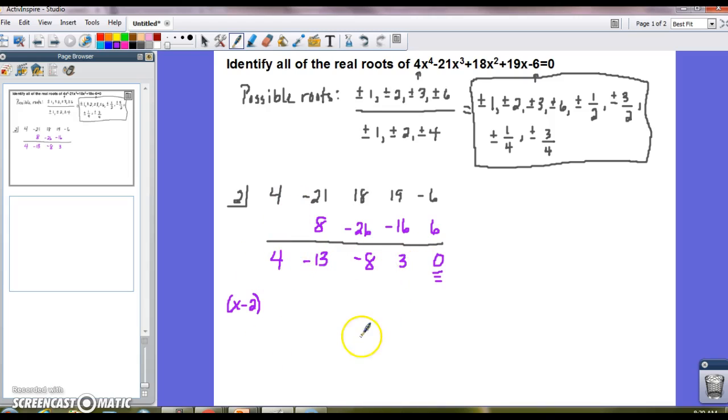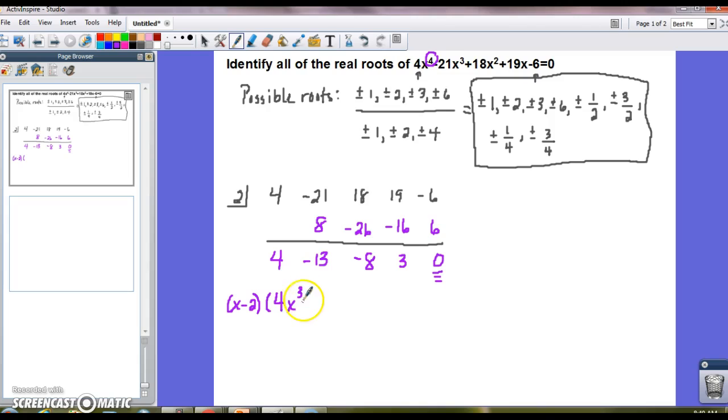And then here I would have 4x. Let me fix that there. These are my coefficients, so I would have 4x to the third because my initial power was to the fourth.